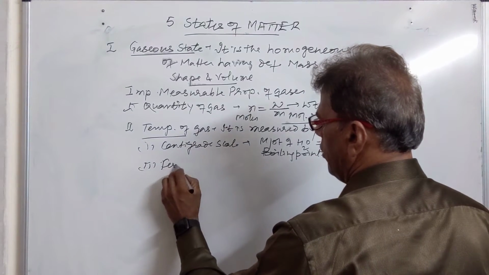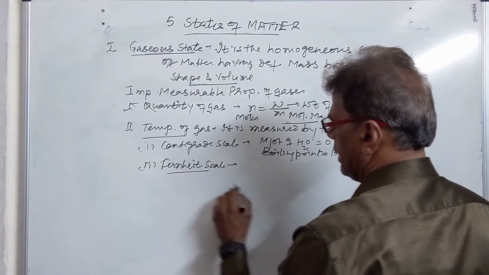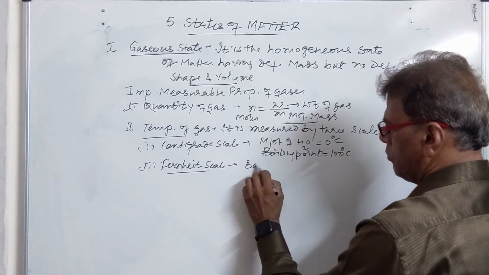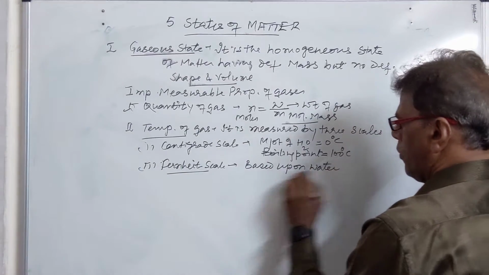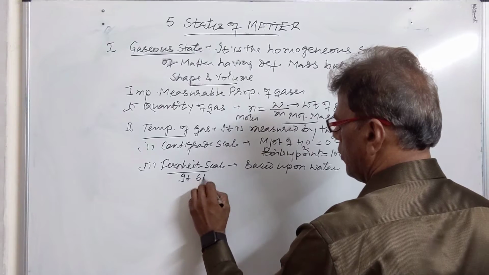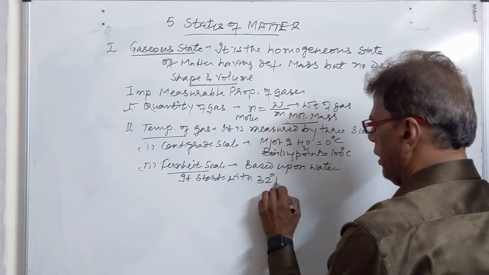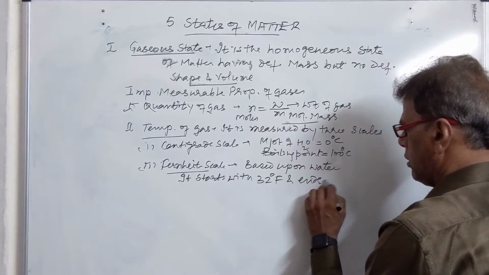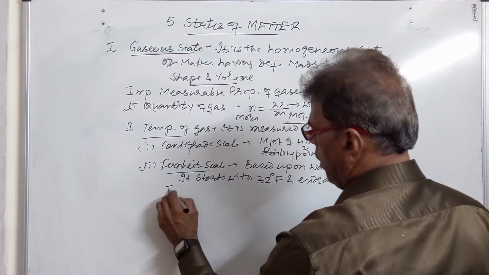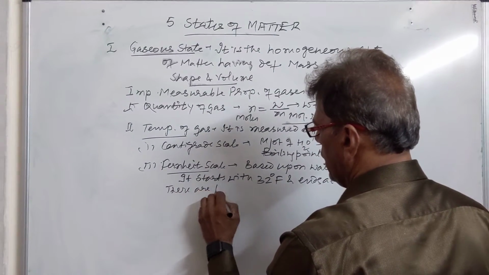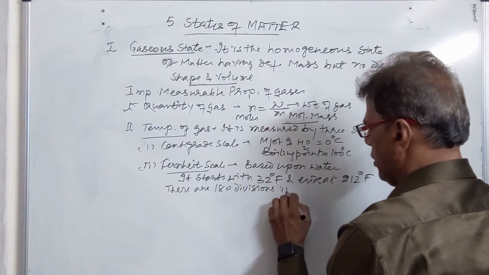Second is the Fahrenheit scale. This scale is also based upon water. It starts with 32 degree Fahrenheit and ends at 212 degree Fahrenheit. There are 180 divisions in this scale.